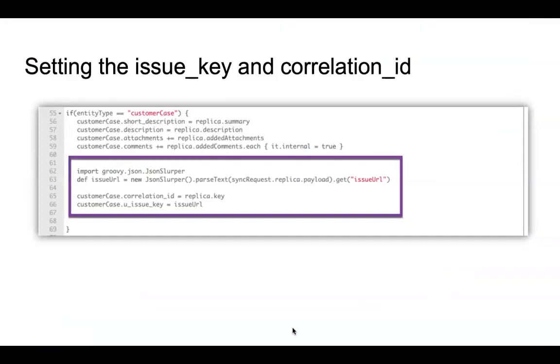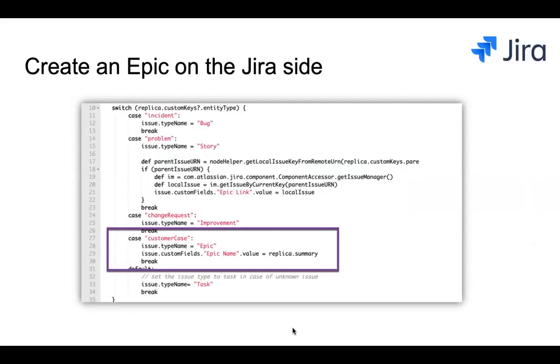Now, of course, how is this done? First of all, the issue key and the correlation ID are set through small Groovy scripts, which are part of the configuration of that synchronization, where you can see that the customer case correlation ID is set to the key of the issue on the other side. And the same for the issue URL.